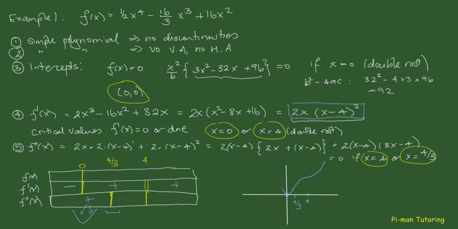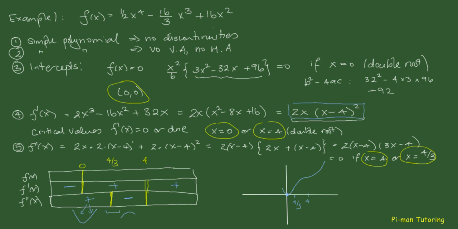As we move past 4/3, so let's assume we have a value of 2, and we feed that into the second derivative, we will get 2 times 2 minus 4 is negative 4, multiplied by 6 minus 4, which is positive, and so indeed the curvature on this side has now gone in a negative fashion.